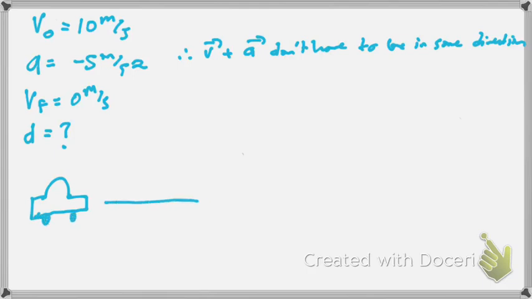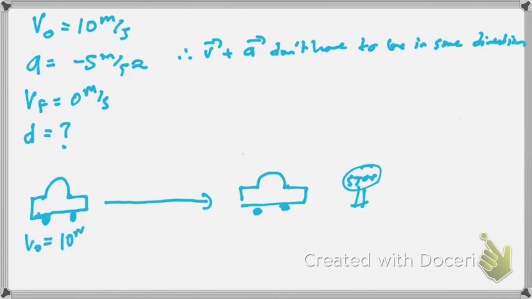So all of a sudden, this guy is driving, and he sees a stop sign, right? Stop. And he decides to stop. Initially, this guy right here was going 10 meters per second. Sorry, I meant to say meters.